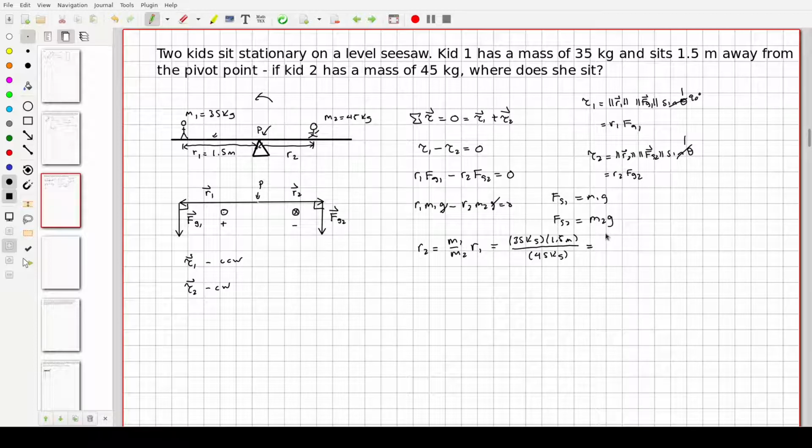So if you do the math here, you get 35 times 1.5 divided by 45, 1.17 meters. That's where our second kid would need to be in order to keep this thing level. And if you've played on a seesaw before, you know that's how it works. The one who weighs the most has to get closest to the pivot in order to make things balance. Okay?